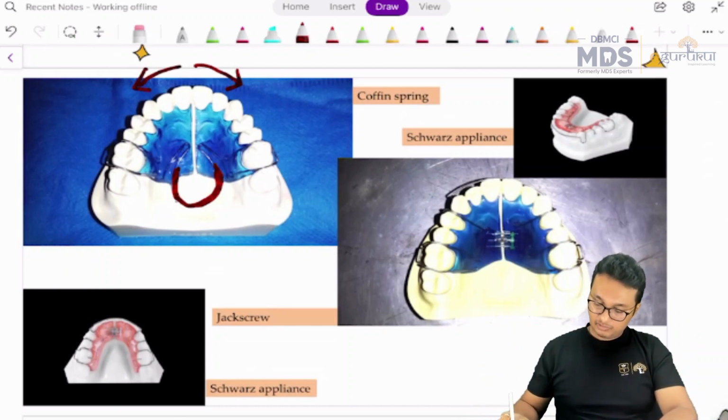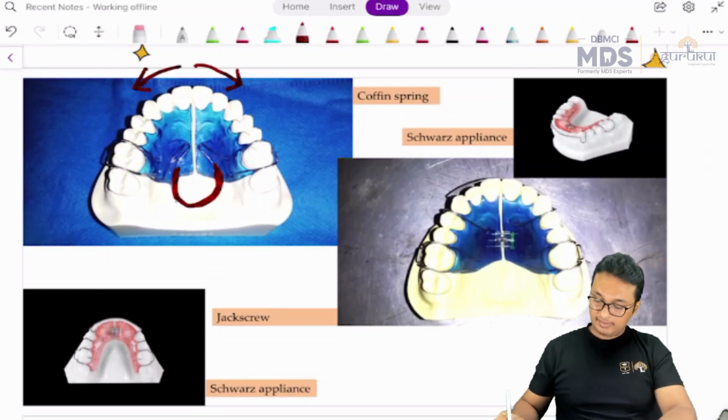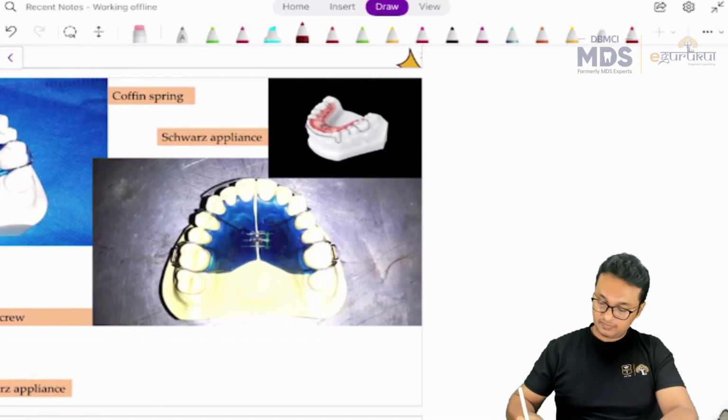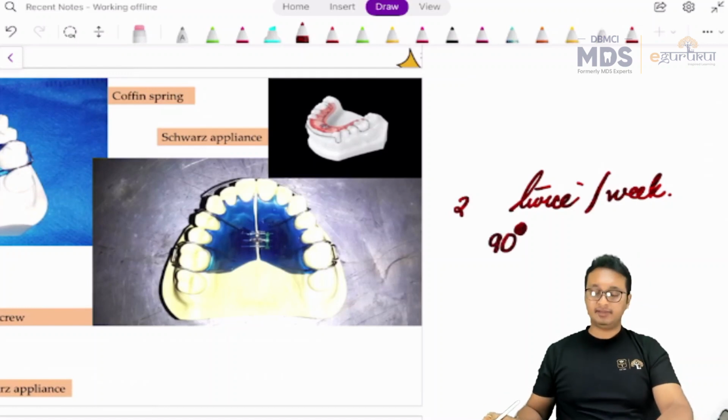Then we have the jack screw appliance. Here the jack screw is incorporated in the midline of the plate, and it is turned only twice per week, and each opening is only of 90 degrees.